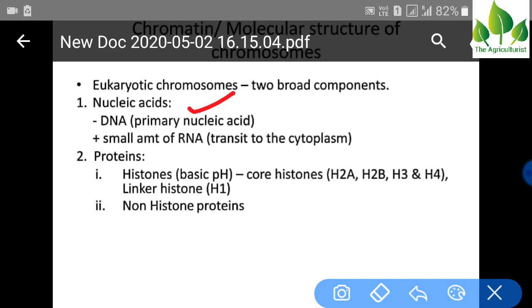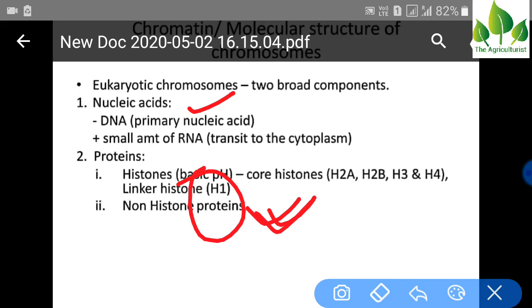The second component is protein, that is histone protein and non-histone protein. One important question arises from here: which protein is not a part of the histone octamer core particle? The answer is H1 protein, because it works as a linker DNA.